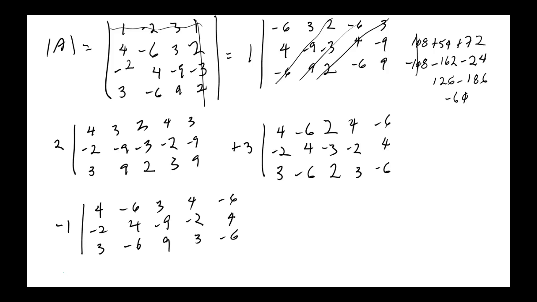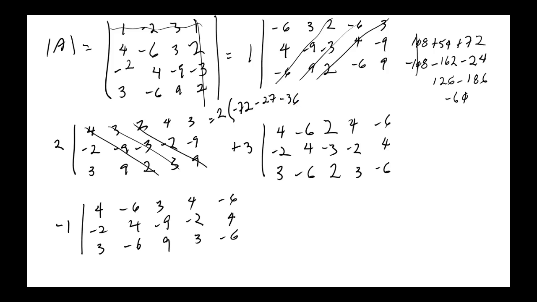I didn't leave enough room, did I? Okay, let's do this one. Now this is going to be a 2 times, and this will be negative 72, right? And that will be a negative 27, if I can read my writing. And this will be a negative 36, yeah.